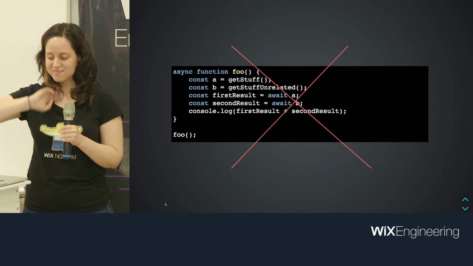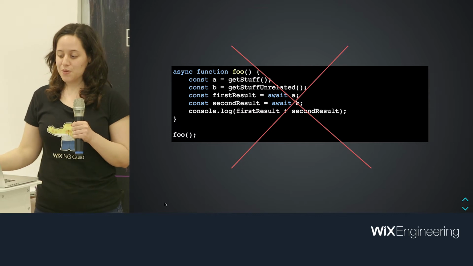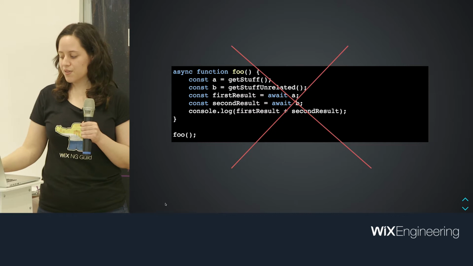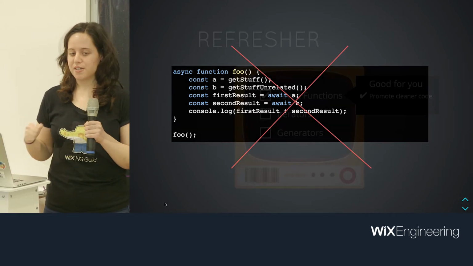Whenever you need to run them concurrently, just await them with await Promise.all. That's a good way to do it.